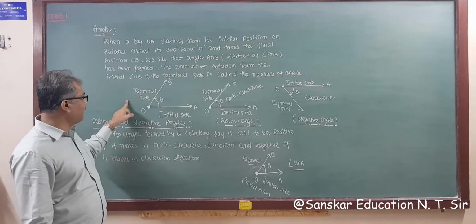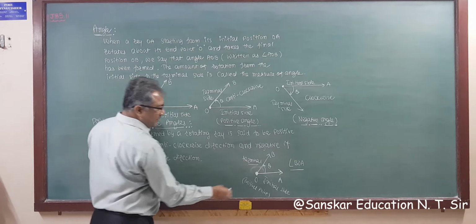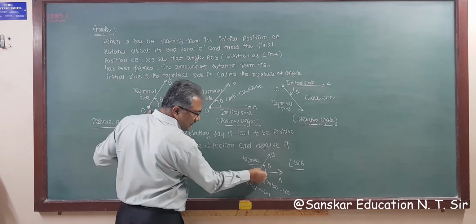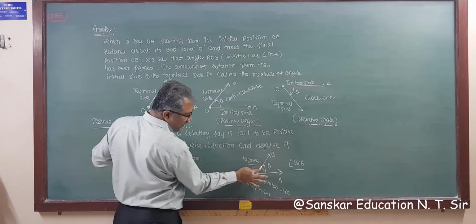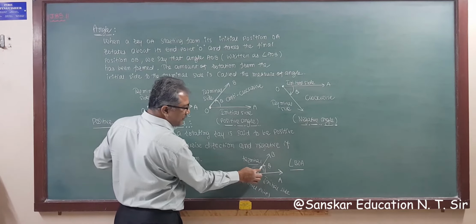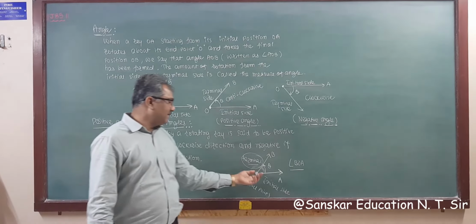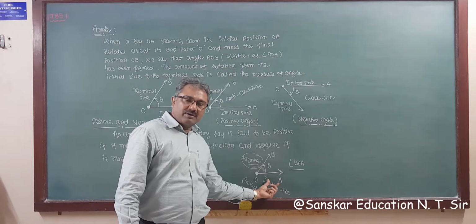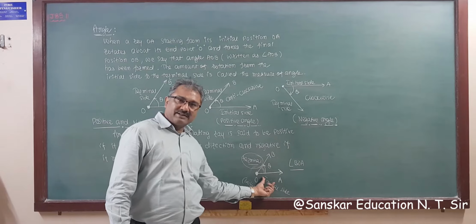In this figure, this is your initial side OA; starting from this, we rotate this ray OA, and it takes this final position OB, which is called the terminal side.